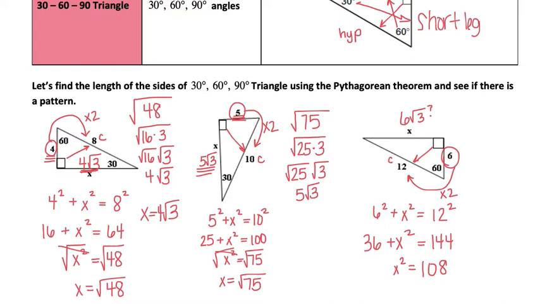We'll subtract 36 on both sides and end up with 108. Then we'll take the square root of both sides to get x by itself. Square and square root cancel out, so we're just left with x. And then we have the square root of 108. Now let's simplify. What's the biggest perfect square that goes into 108?